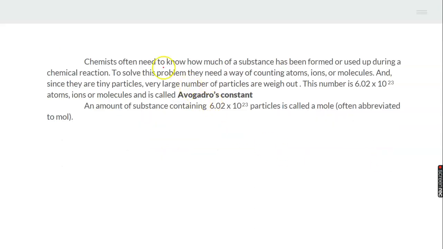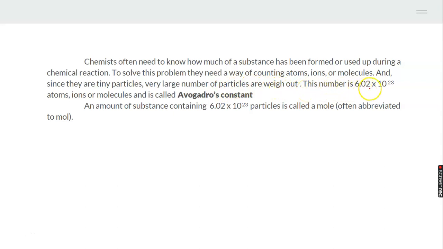Chemists often need to know how much of a substance has been formed or used up during a chemical reaction. To solve this problem, they need a way of counting atoms, ions, or molecules. And since they are tiny particles, a very large number of particles are weighed out.